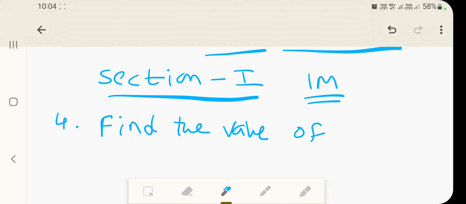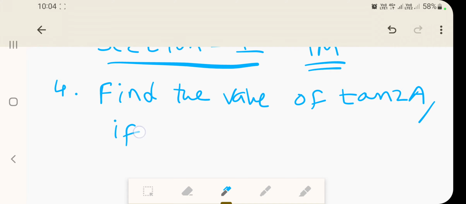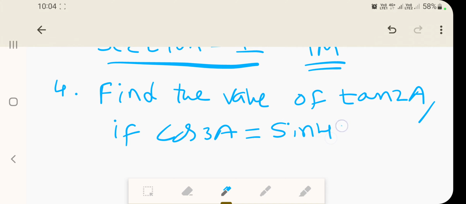Find the value of tan 2A if cos 3A is equal to sin 45 degrees. This is what they have asked for the 1 mark question.